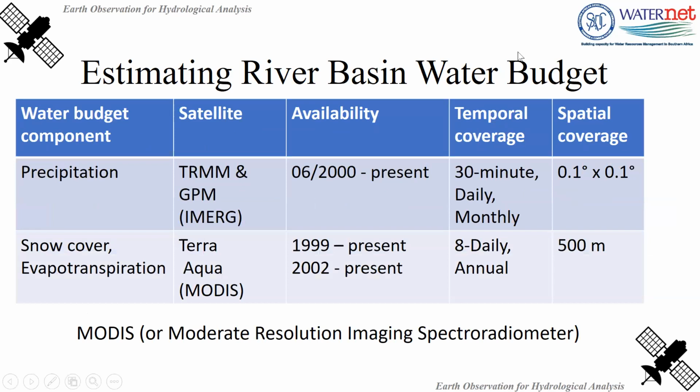We'll also be able to look into evapotranspiration, which is actually a MODIS data set, and it starts from 1999 to 2002. And these are 500 meter spatial resolution that are provided after every 8 days.